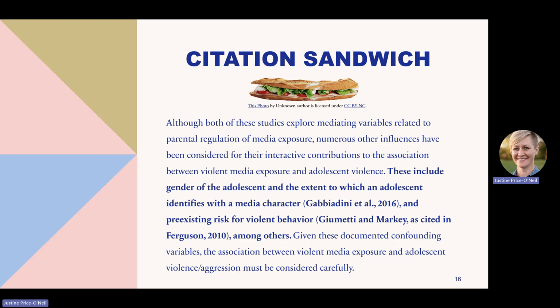Another thing to consider is how you sandwich your quoted or paraphrased information in the middle of your paragraph. You never want to just drop quotes on their own. Instead, you always want to introduce the idea with your own words. In this case, it's not a direct quote, but paraphrased information.